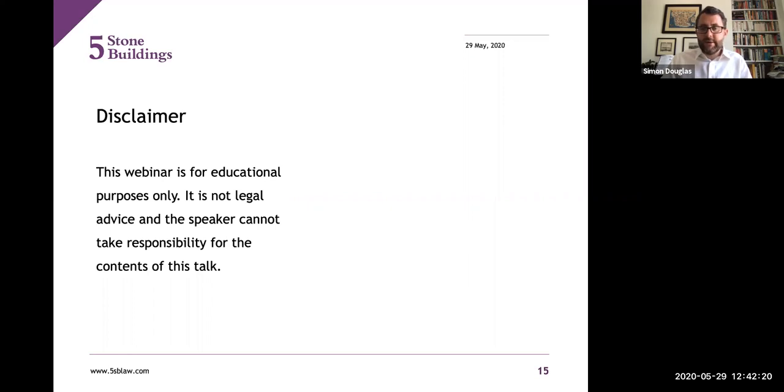Yes, the nil rate band discretionary trust that was set up on the first spouse's death will then be subject to the relevant property regime. And yes, there is a question then of whether it will give rise to an IHT charge in 10 years' time. I'd have to think about that. I don't know the answer off the top of my head. I'd have to look at how the IHT regime works.